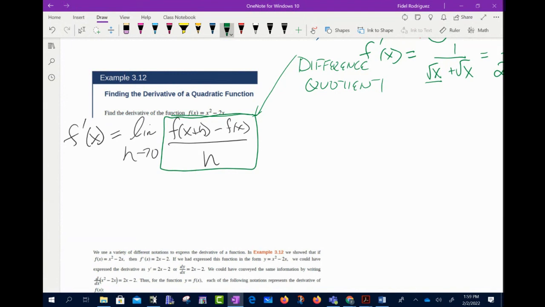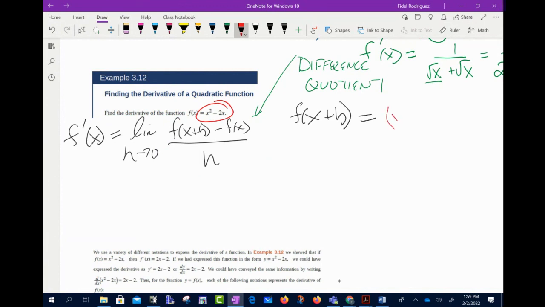Now, again, y'all, what we're going to do is this for this particular function. So the first thing I need to do is I need to find f of x plus h. Now, remember, my f of x is already right here, y'all. It's x squared minus 2x. So I'm going to write this out real slow. I'm going to write this as x plus h squared minus 2 times x plus h.